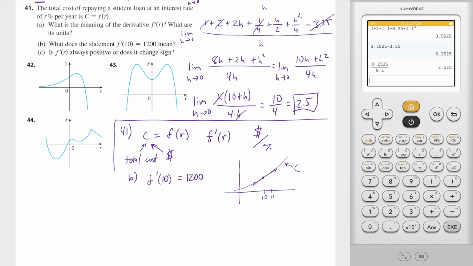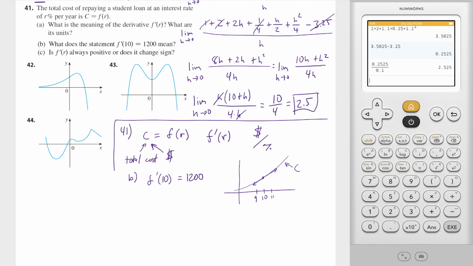And also, if we were increasing it from 9% to 10%, it'd be a little less than 1200. But yeah, 1200 is the amount that the total cost is changing by when you hit that rate of 10%.